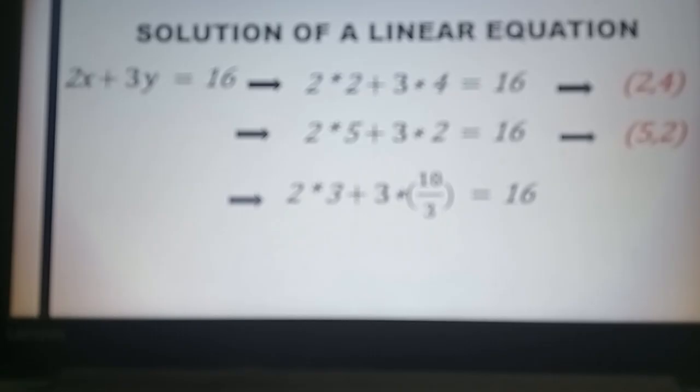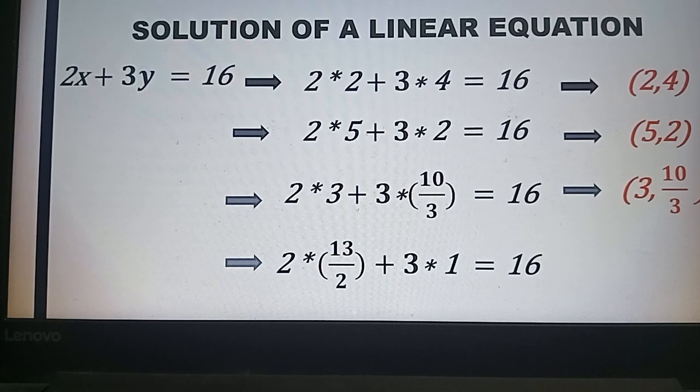I will get the same answer, 16. So my solution may be (3, 10/3). And the fourth pair also I can find out. If I take the value of y as 1, then I will get the value of x as 13 upon 2. So my solution may be (13/2, 1). So these are the 4 solutions I have found for the same equation.